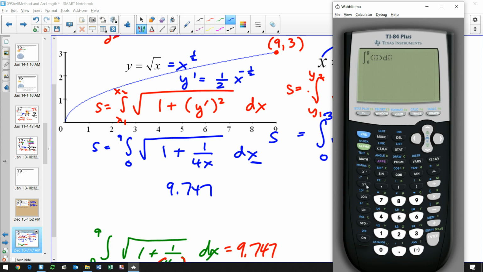So second square root of 1 plus 1 divided by 4x. Put in parentheses around that just in case I need it. I'm not 100% sure I need it. That'll be an x. Press enter.